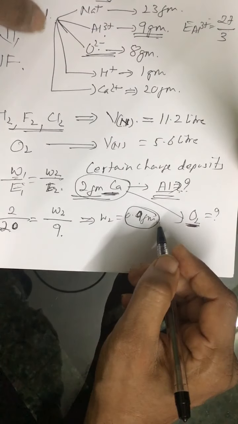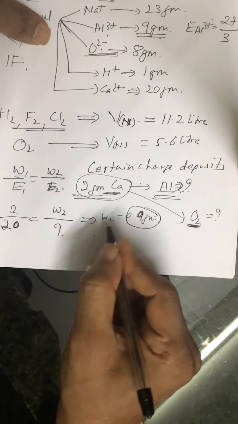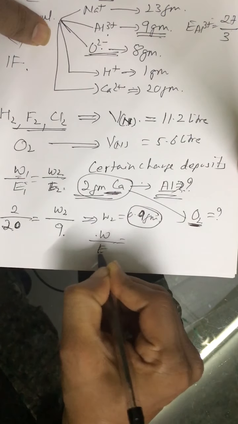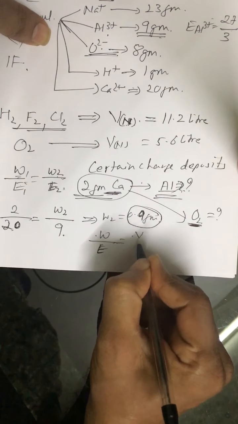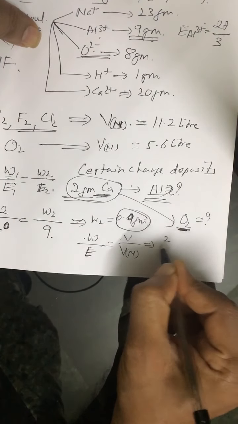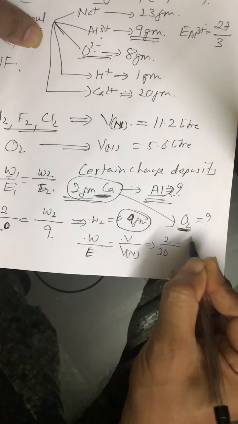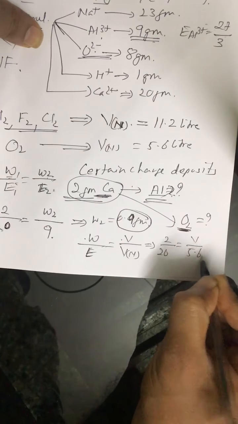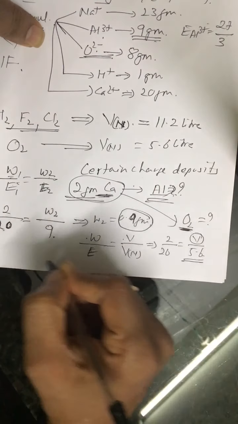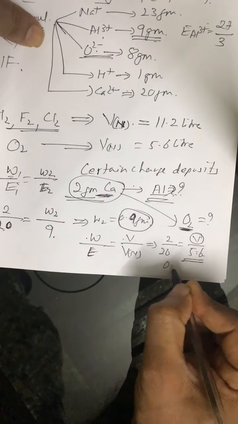So here you don't put W, it is V upon Vn. It is calculated like this: 2 by 20 is equal to V upon 5.6, the Vn of oxygen. So what is the volume? It is 0.56 liter.